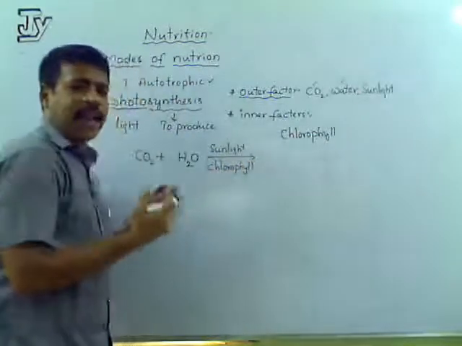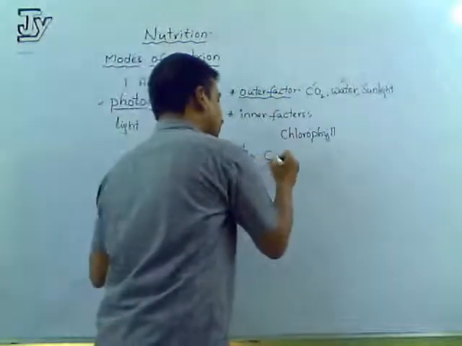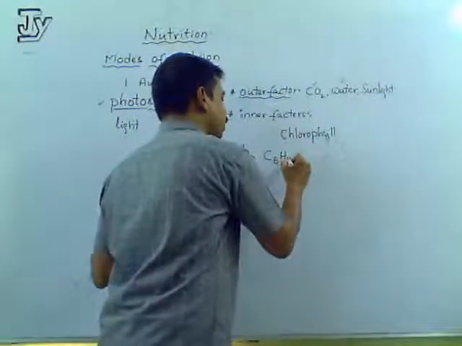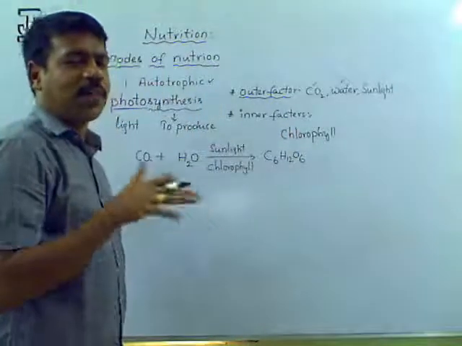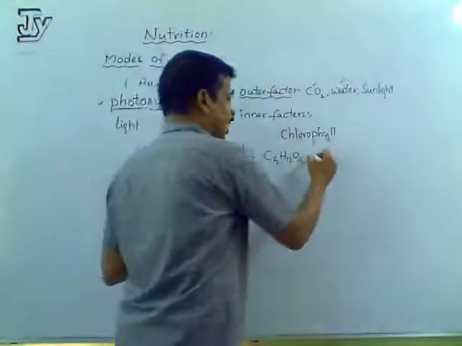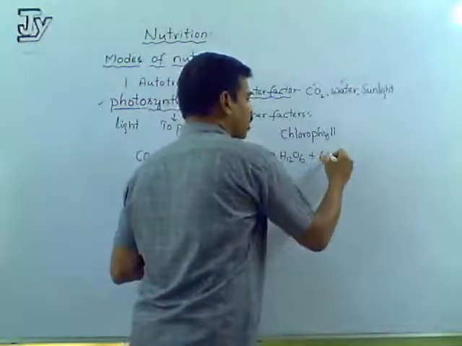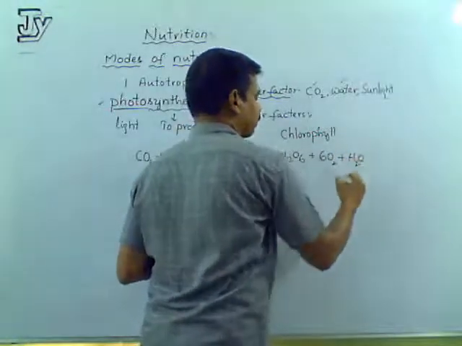The end product of photosynthesis is glucose, C6H12O6, which is stored in the form of starch, along with oxygen molecules and water.